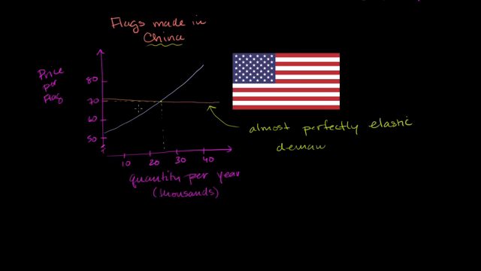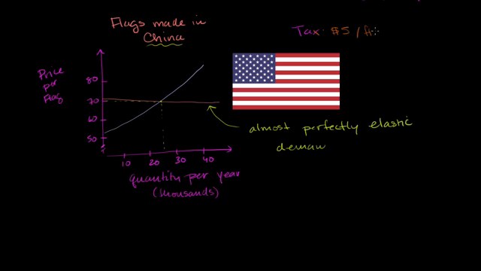The shift will be a percentage change instead of a fixed change, but the fixed change is a little bit easier to draw, so I'll do that. Let me do that in a different color. Let's say that there is a tax placed of $10 per flag. Actually, let's do an even smaller amount. Let's say it's $5 per flag.